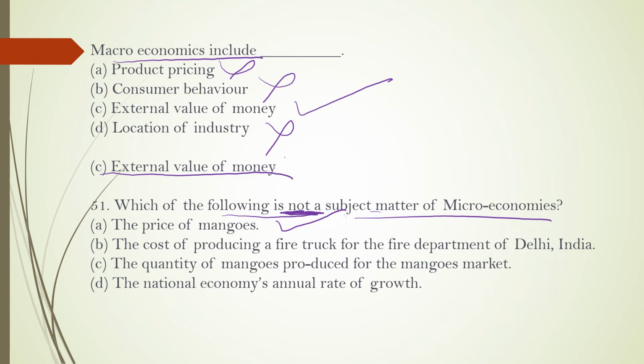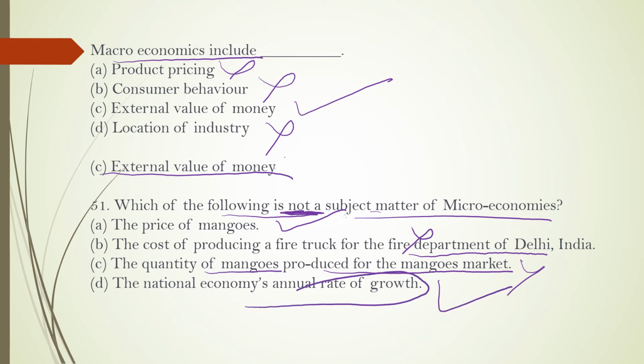Cost of producing a fire truck for the fire department of Delhi, of course, it is related to microeconomics. The quantity of mangoes produced for the mango market, of course, microeconomics. And national economy's annual rate of growth, yes. This is not a subject matter of microeconomics.